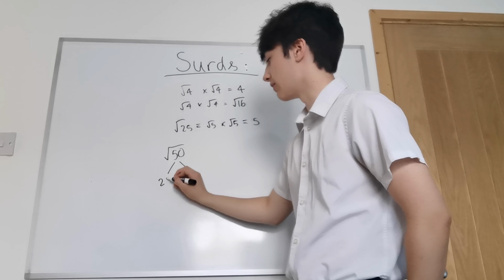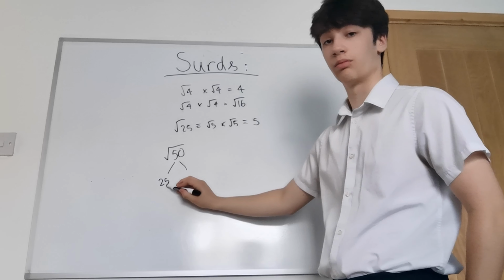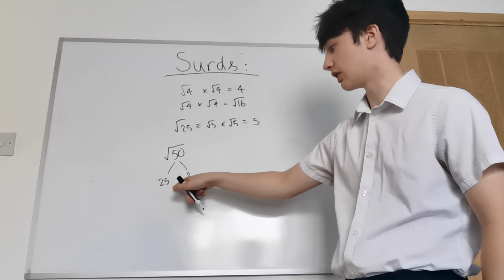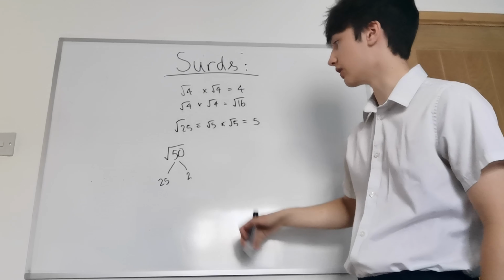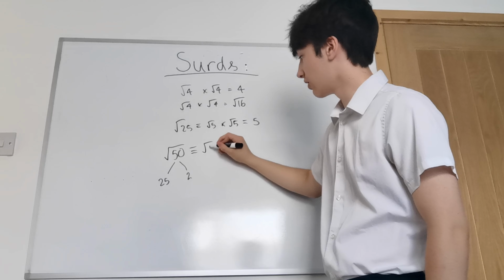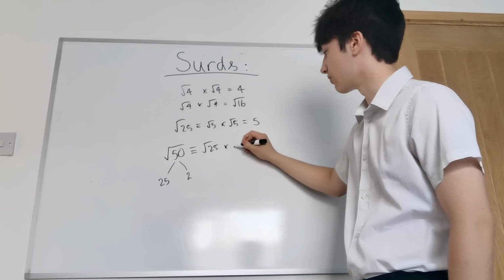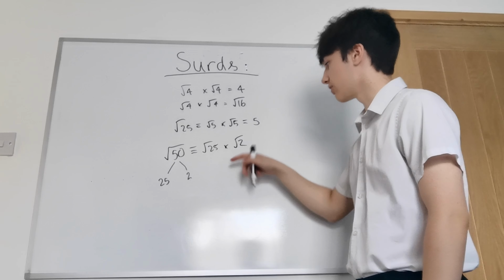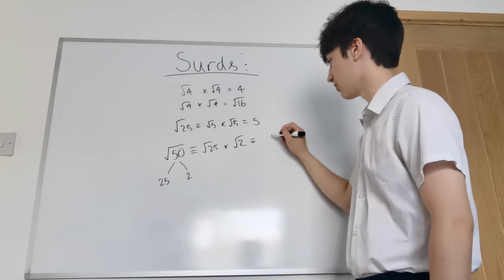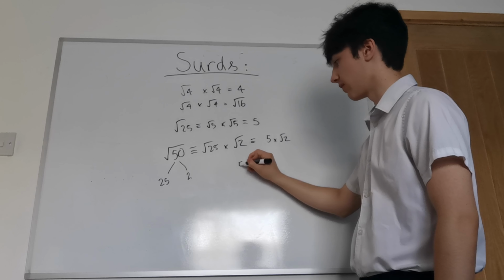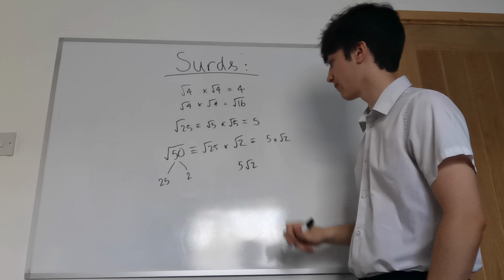I'm thinking 25 is a square number and 2 isn't a square number, but these times together will equal 50. So we say that root 50 is the same as writing root 25 times root 2. So we can simplify the root 25 to 5. So this is the same as writing 5 times root 2, which we just write as 5 root 2.